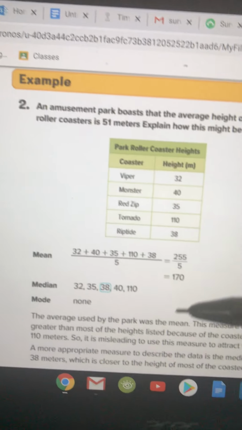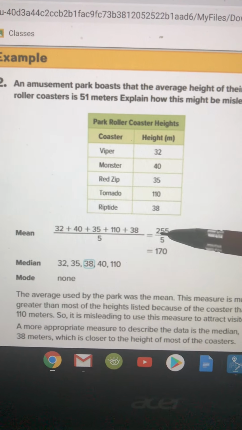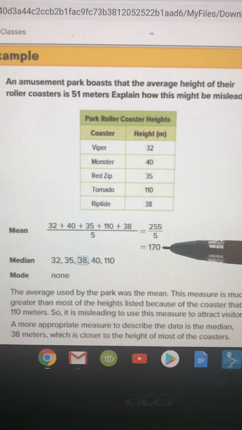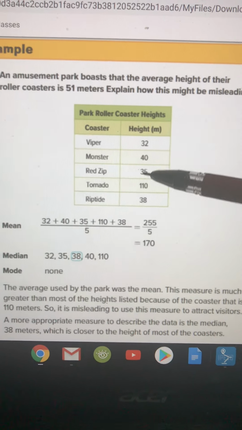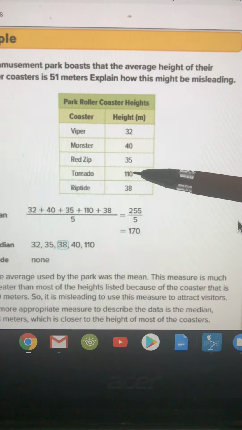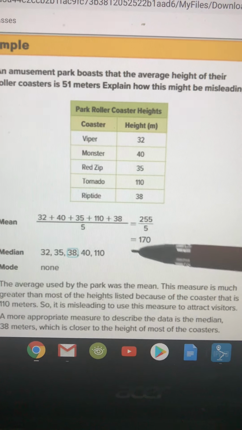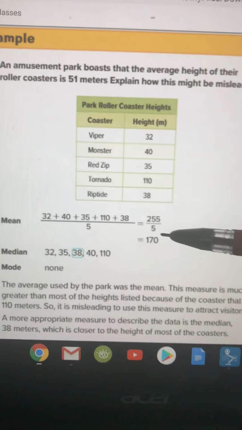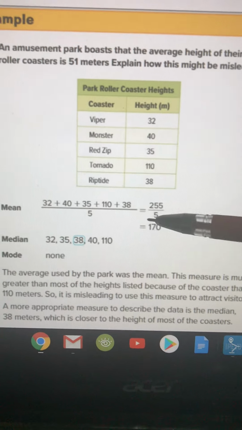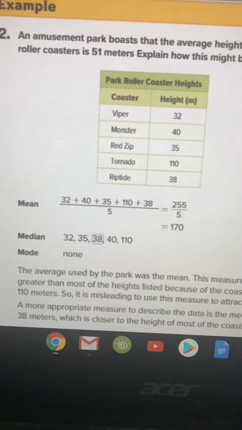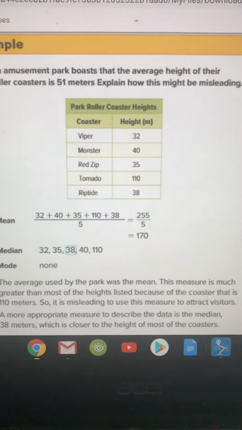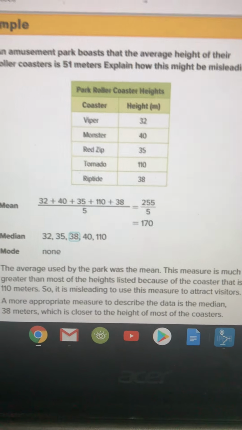Now, you see, they can use this number, but that will be misleading because this is a way bigger number compared to the others. The highest number here is 110. Here you're telling me I'm going to use 170. Well, if they want people to come, they will use the mean, which is not true. But they will say our highest roller coaster is 170 meters.